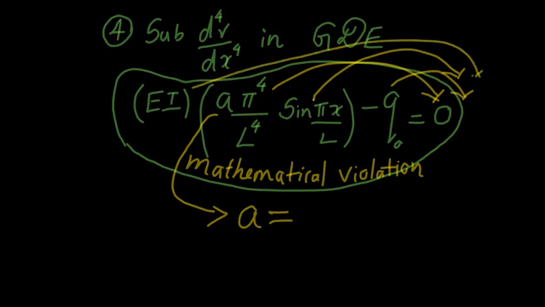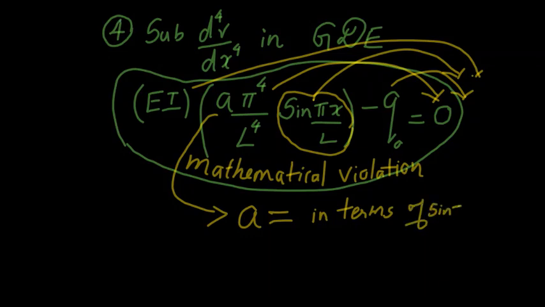If you take this sin(πx/L) on the right hand side, you will be finding the value of a in terms of sin(πx/L). So you may ask me, why should that be a problem? That is a serious mathematical violation because a is a constant.